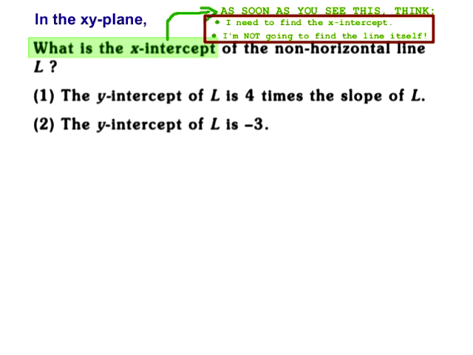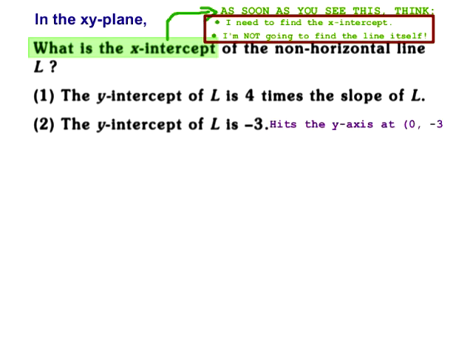Okay, also statement 2 is pretty clearly not sufficient because the y-intercept doesn't tell you where the x-intercept is. I mean, this means that it hits the y-axis at (0, -3).